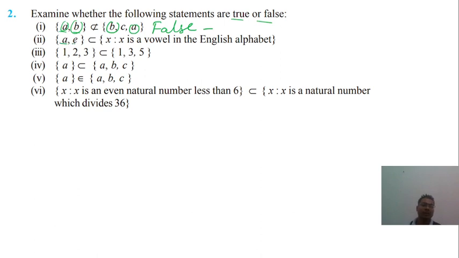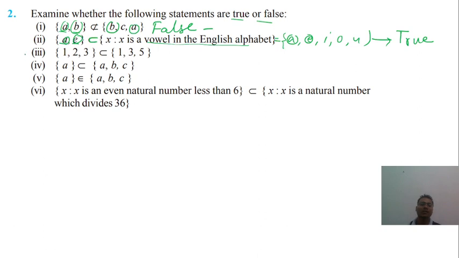Then it says A and E is a subset of X such that X is a vowel in the English alphabet. So we will convert this set B into roster form as A, E, I, O, U, and we find A and E in this set.